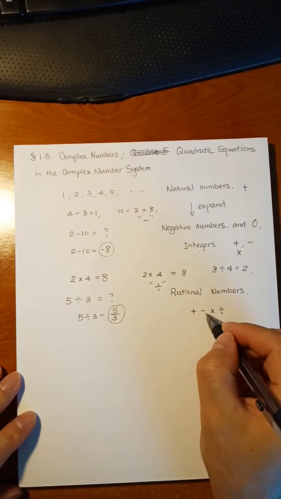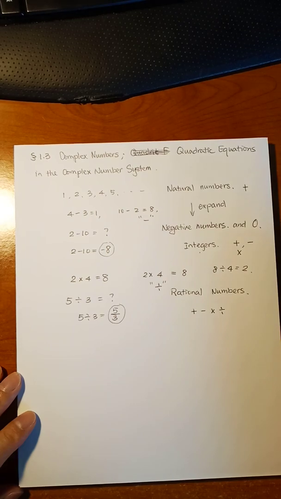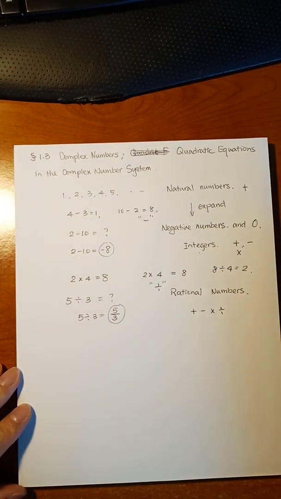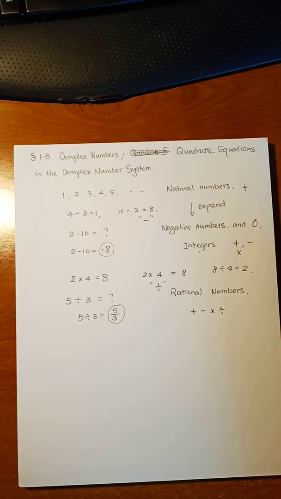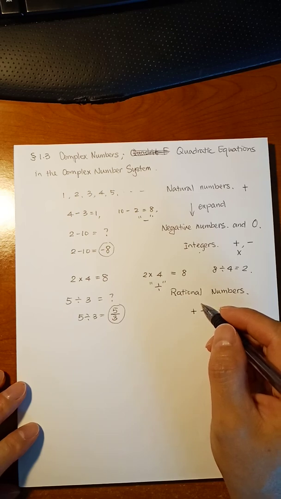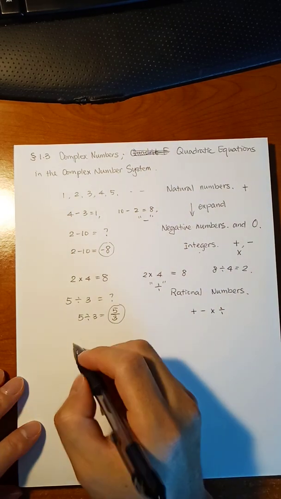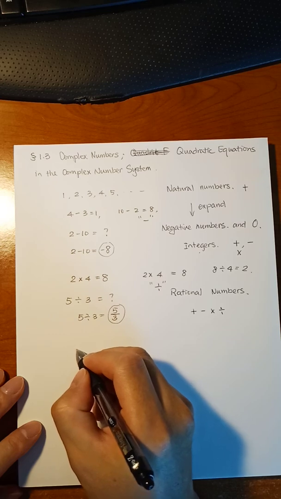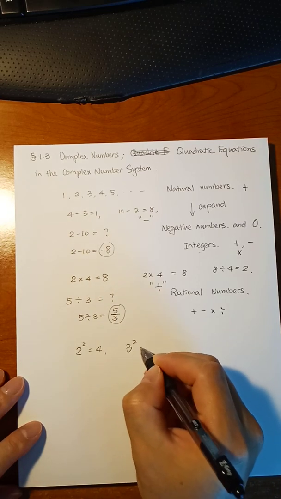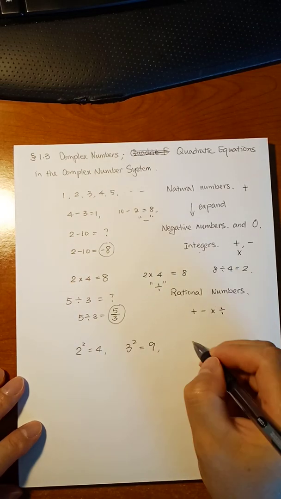We have addition, subtraction, multiplication, and division. They are compatible with rational numbers. And then in the rational numbers, we have power, right? We have 2 squared is 4. 3 squared is 9. Power.